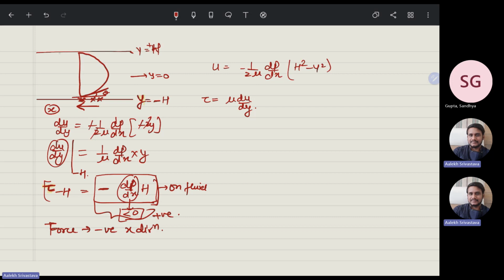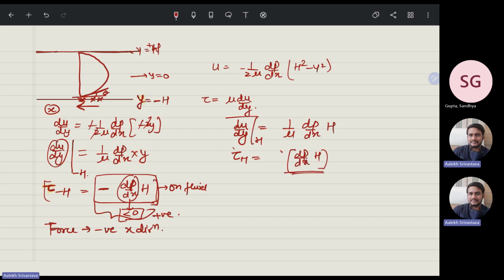Now, what happens at the top plate? If I put y equal to h, du by dy at h is 1 by mu dp by dx into h. So tau at h is equal to 1 by mu dp by dx into h.